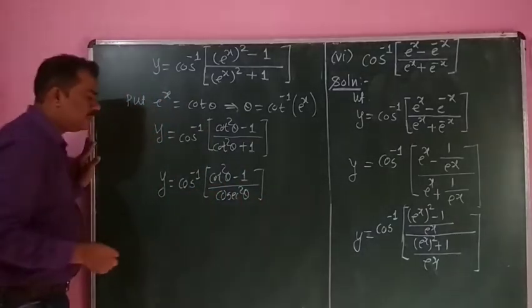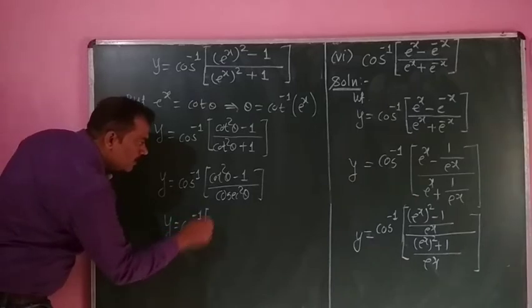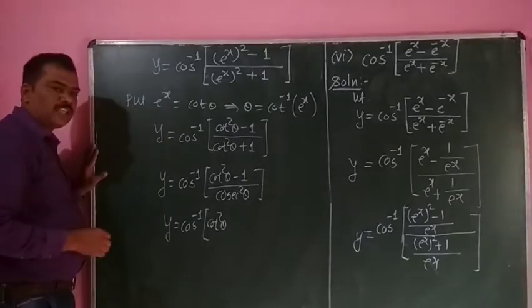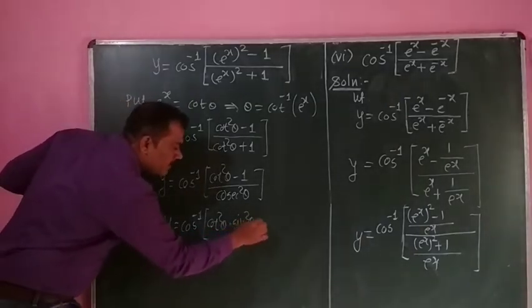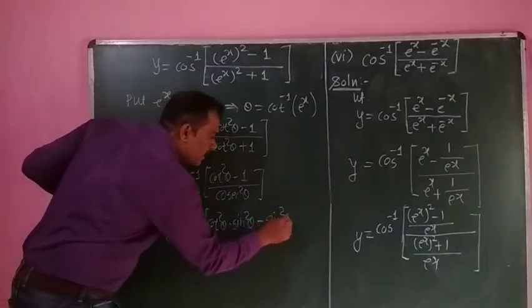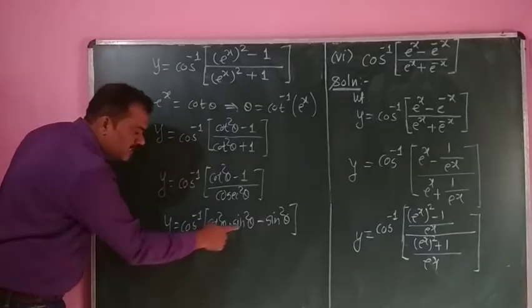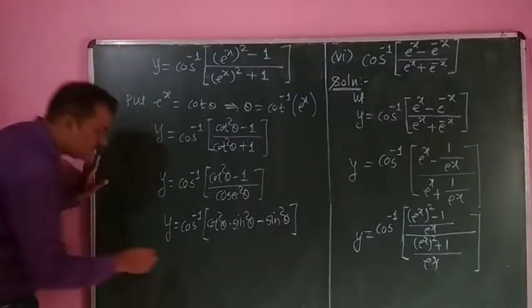If we divide separately, we get cot square theta divided by cosec square theta minus 1 upon cosec square theta. 1 upon cosec square theta is sin square theta. Cot square theta is cos square theta upon sin square theta. The sin square theta terms cancel, so we get cos square theta minus sin square theta.